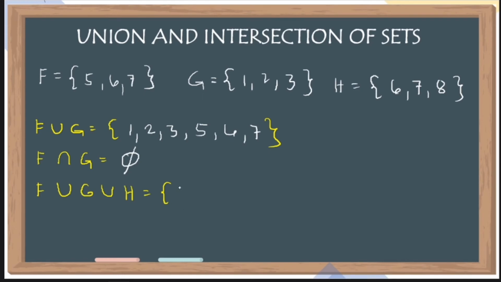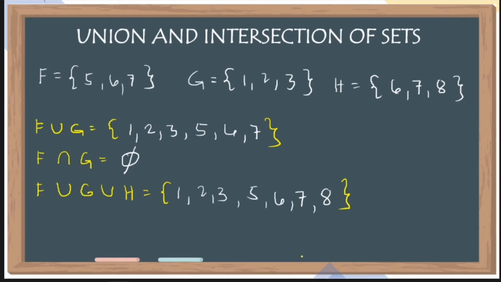Okay? So, let's start with the smallest number. 1, 2, 3. Walang 4. So, next is 5, 6, 7, and element ng H. 6, 7, and 8. Okay? So, iyan na ngayon yung ating set.